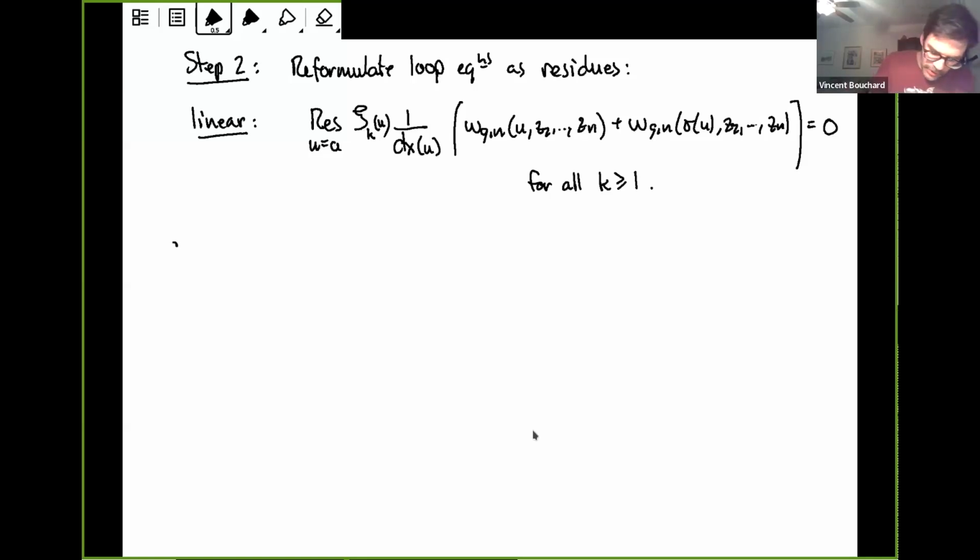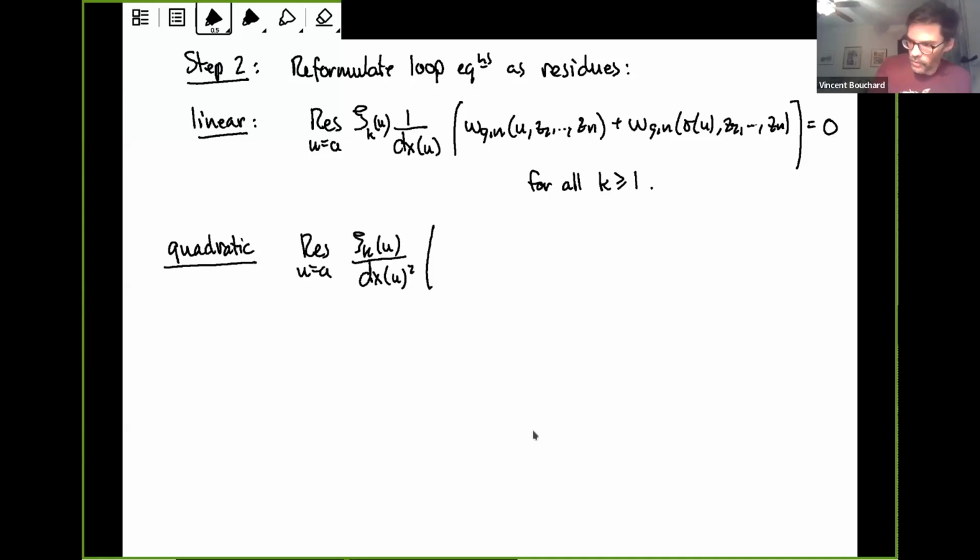And then the quadratic equation is the same thing, but now you multiply the quadratic loop equation. You take the exact same statement, you multiply by ck u, but now you have dxu squared, and maybe I won't rewrite everything here, but this is the quadratic loop equation.